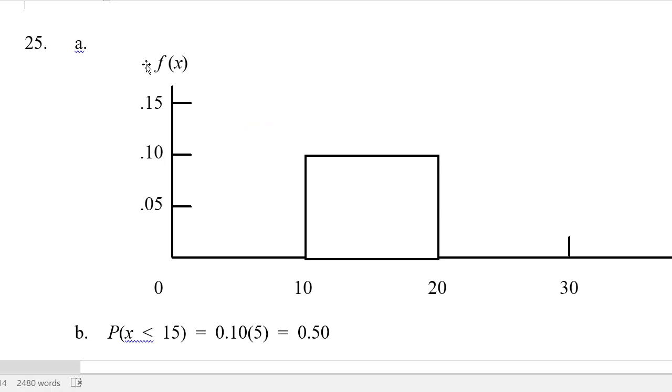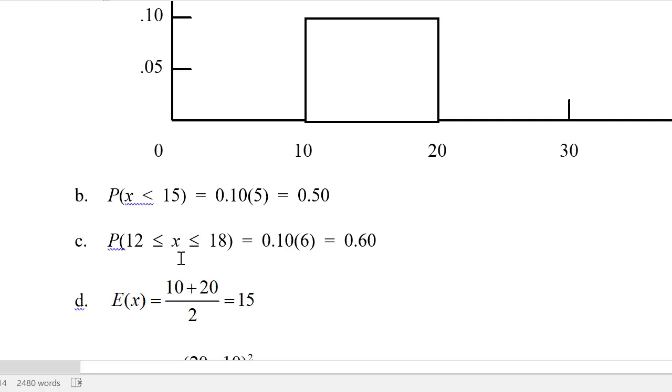For problem 25, it took just about anything for Part A, but it should look something like this. You want 10 to 20 up to 0.1. So then Part B was probability x less than 15 is equal to 0.1 times 5. 15 is right in the middle, so it's 50%. Part C: probability that x is greater than or equal to 12 and less than or equal to 18.